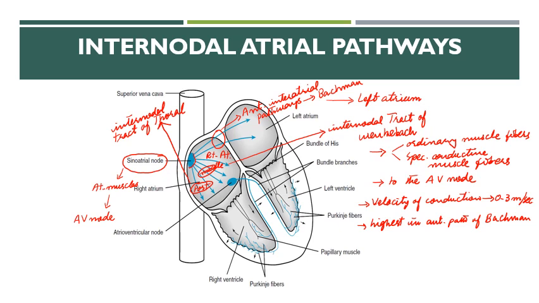In anterior pathways the velocity of transmission is 1 meter per second, and it is further proposed in literature that the highest velocity in anterior pathways is because of the presence of specialized conduction fibers, just like Purkinje fibers.